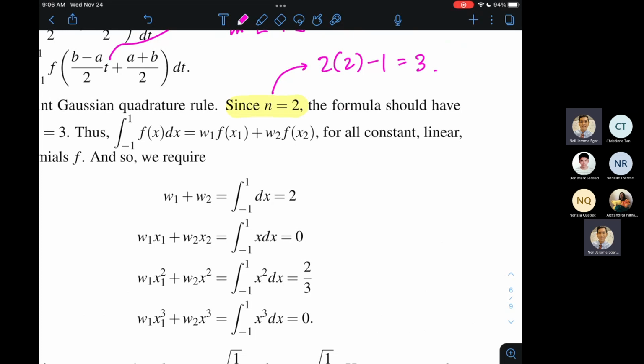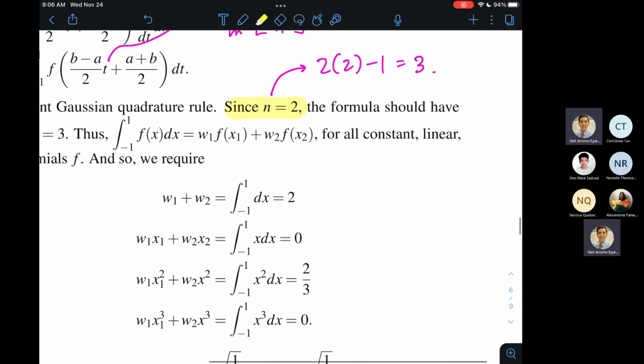Okay? Now, since we are using 2 points and we are doing everything over the interval -1 to 1, our quadrature rule should look like this. Okay? W1 f of x1 plus W2 f of x2. Kasi nga 2 points yung gusto natin gamitin kay Gaussian. Tapos dapat mabigay niya yung integral ni f over the interval -1 to 1 exactly, where f is a polynomial of degree 3 or less.